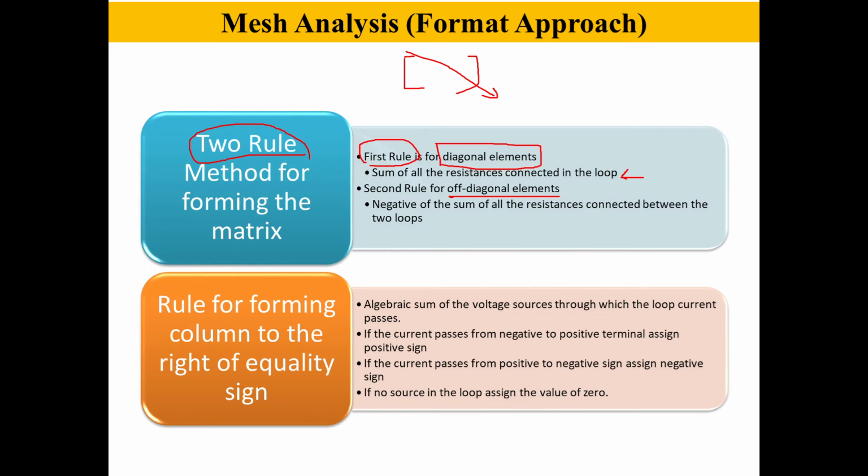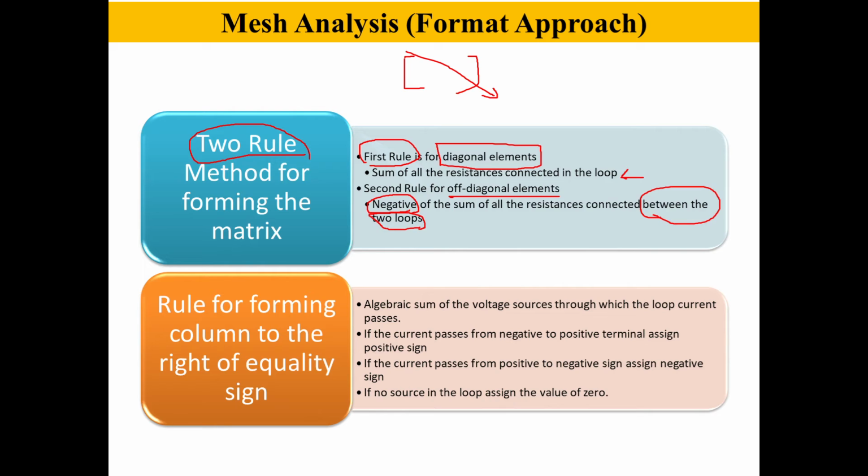So this is rule number 1. What is the second rule? Second rule states negative of the sum of all resistance connected between the two loops. So I will explain this using the diagram.